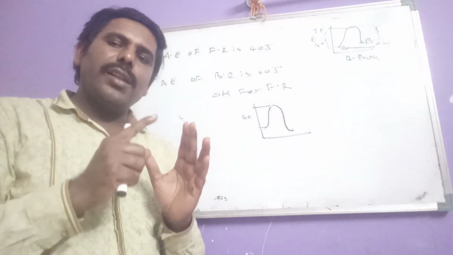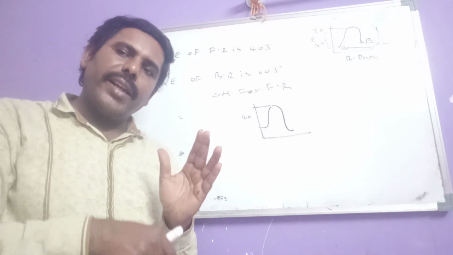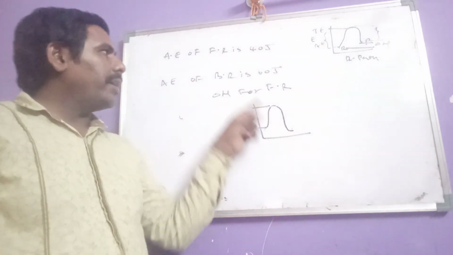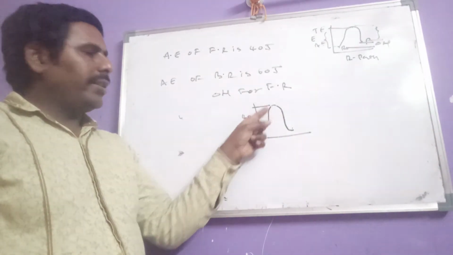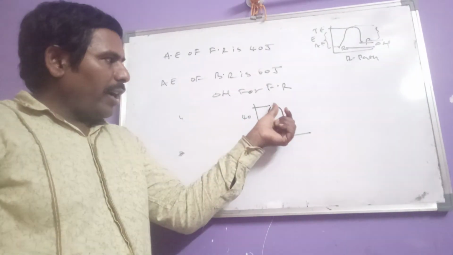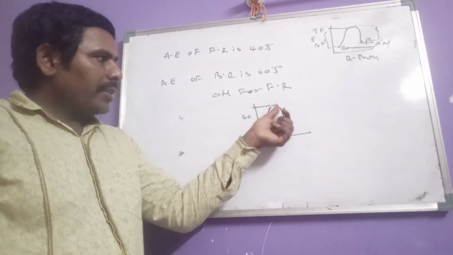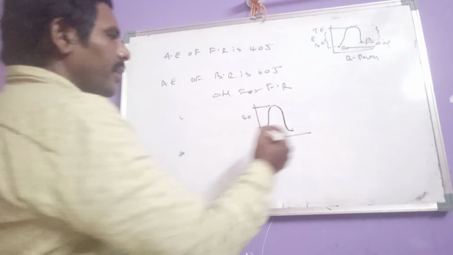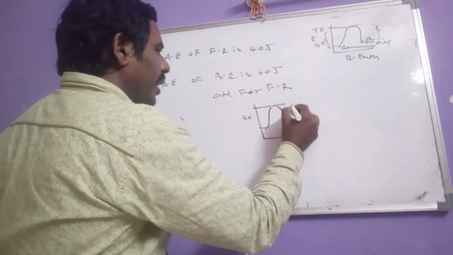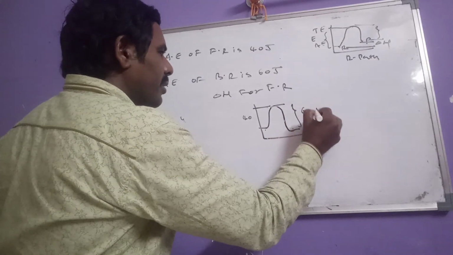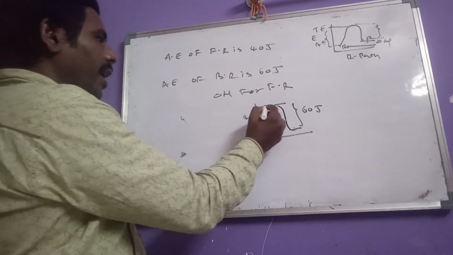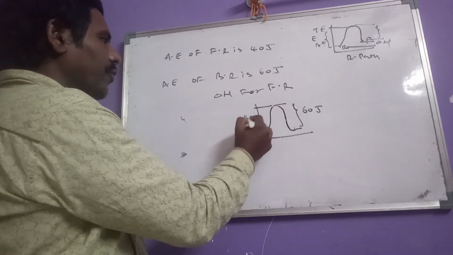That means the activation energy of backward reaction line should be lengthier, because this value is 60 but this value is 40. So we have to draw this line somewhat lengthier than this line, and then write the gap here. This gap is 60 joules, that is backward reaction activation energy, and forward reaction activation energy is 40 joules.